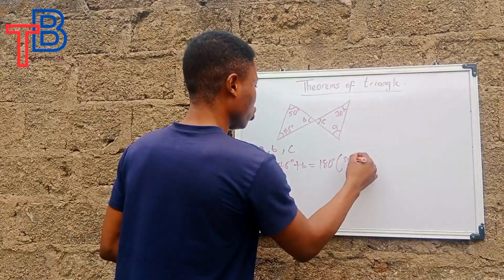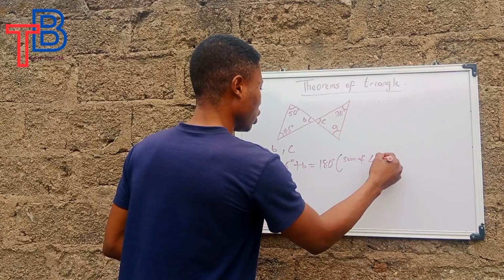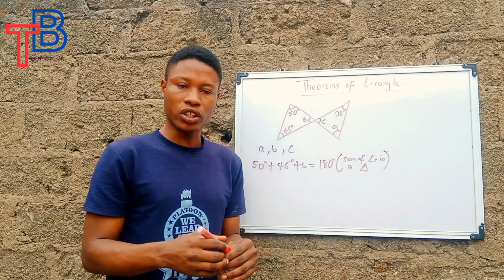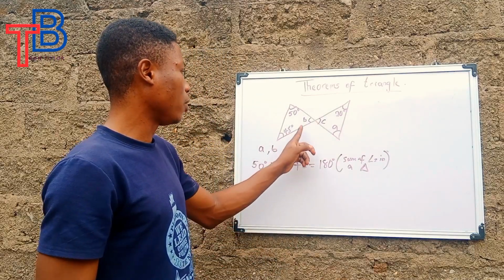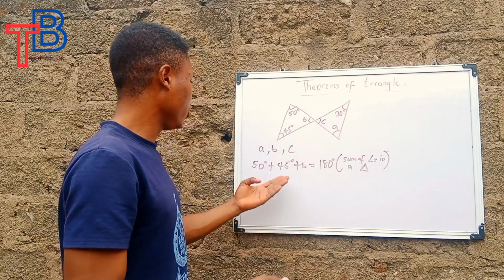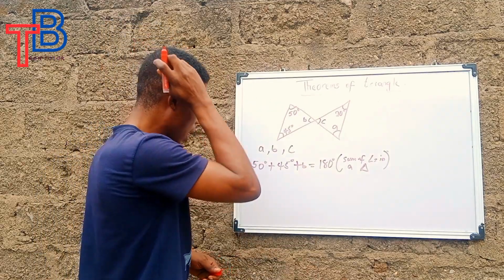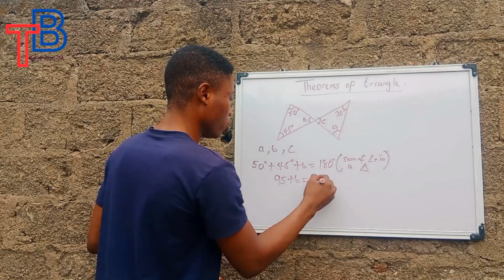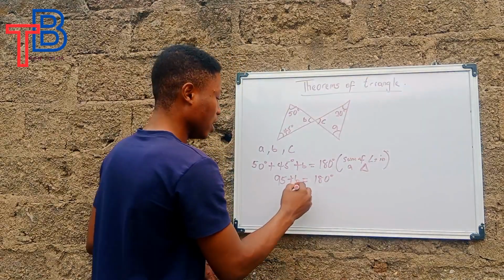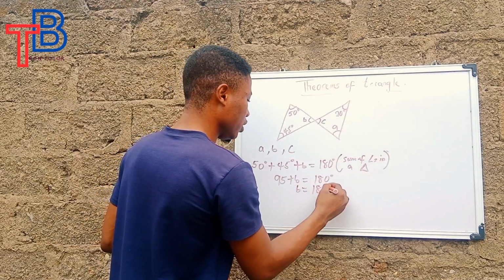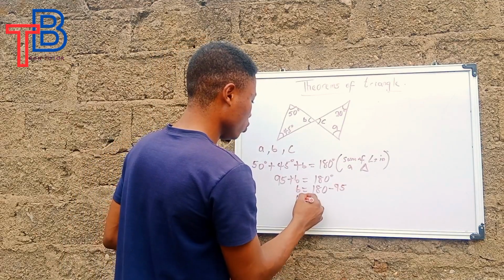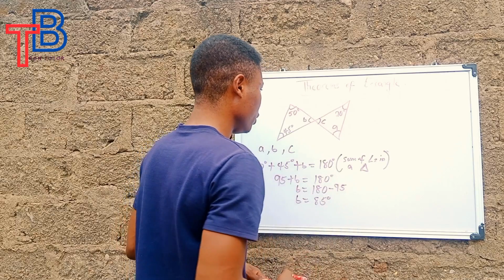That is the sum of angles in a triangle. If you add this together, you have 95 plus b equals 180 degrees, and b equals 180 minus 95, and that should give you 85 degrees.